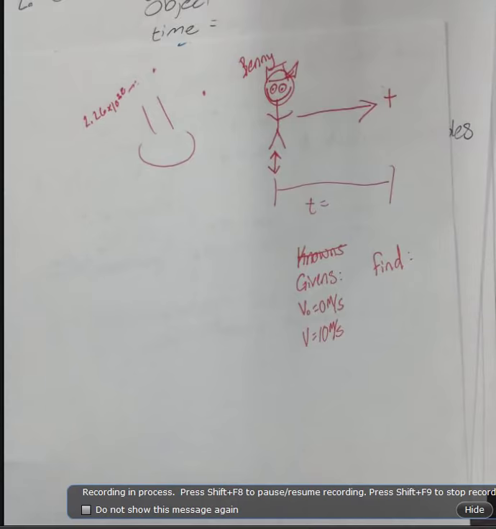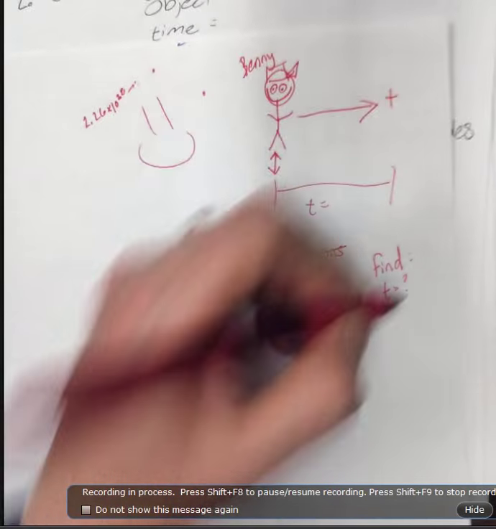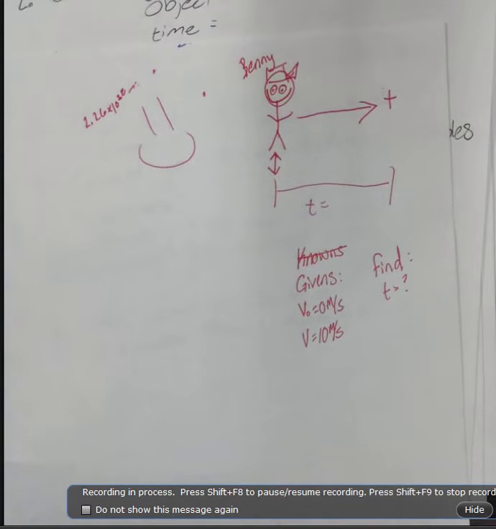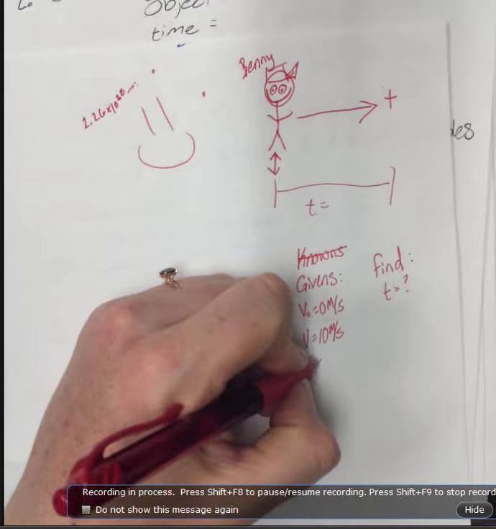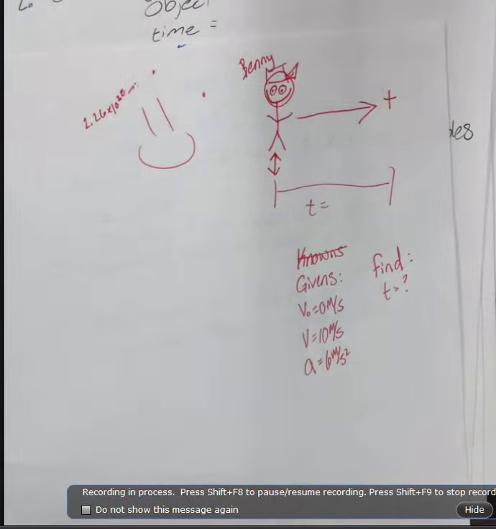You don't want to see his evil Benny side. We want to know his time. We want to know how long it's going to take before Benny torments your soul if he has an acceleration of 6 meters per second squared. So now we've really established that we're looking for the relationship between initial and final velocity, acceleration, and time.